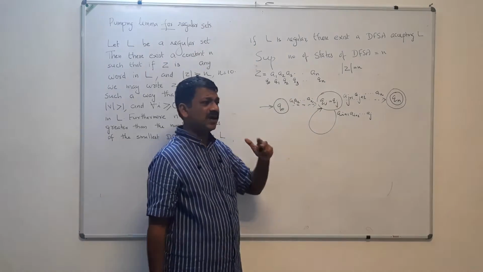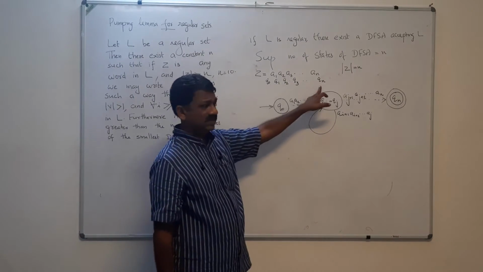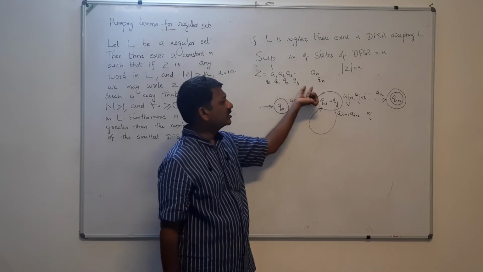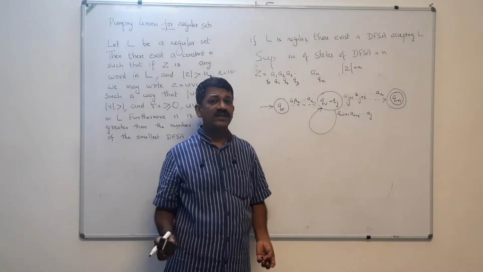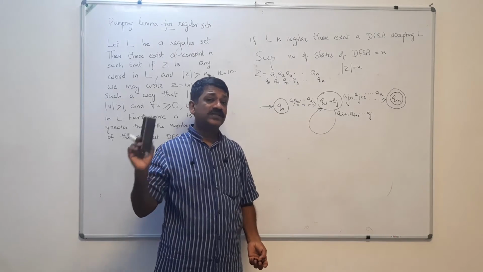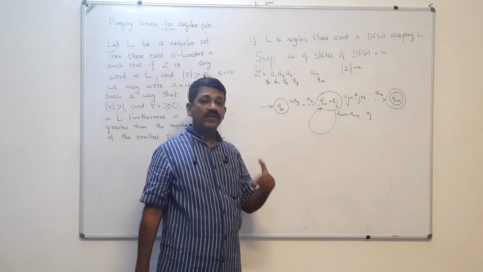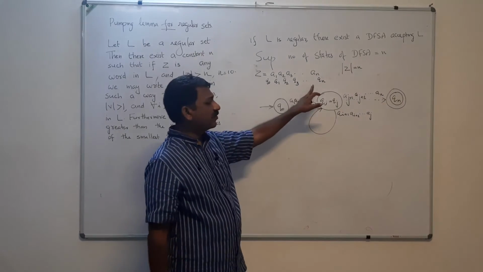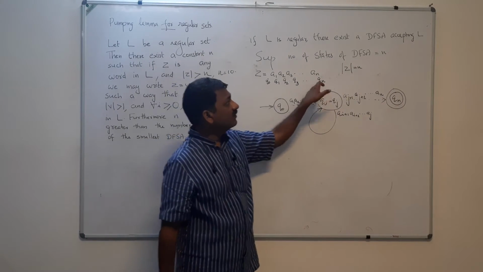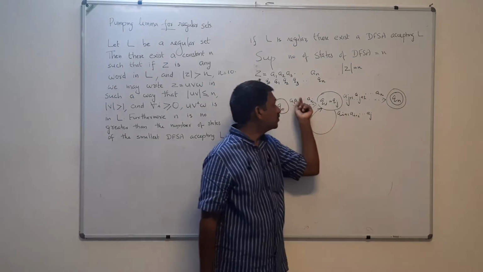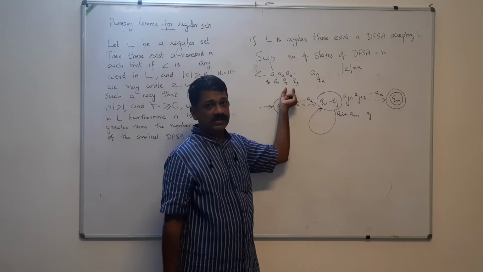That means it has passed through these states: Q0, Q1, Q2, Q3, etc. up to Qn. How many states are there? It passed through n plus 1 states.